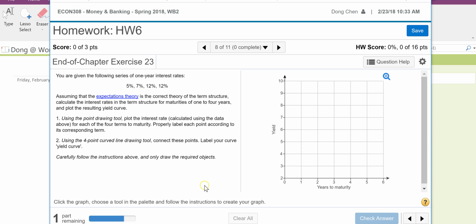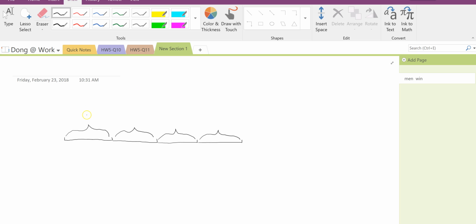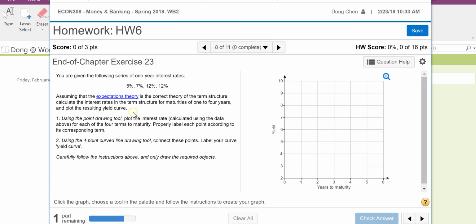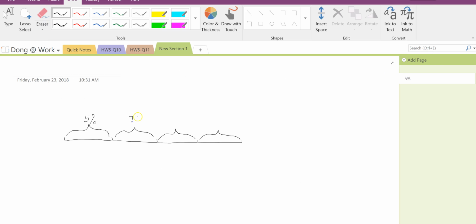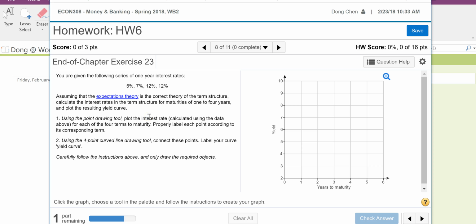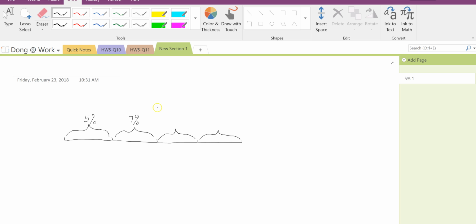So this is a series of 1 year interest rates. The first one is 5%, the second one is 7%, the third one is 12%, and the fourth one is also 12%.